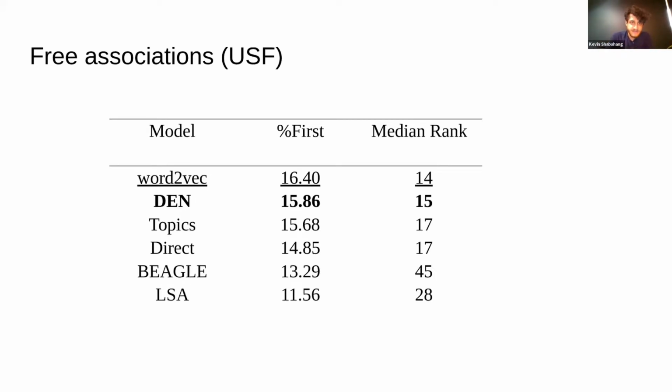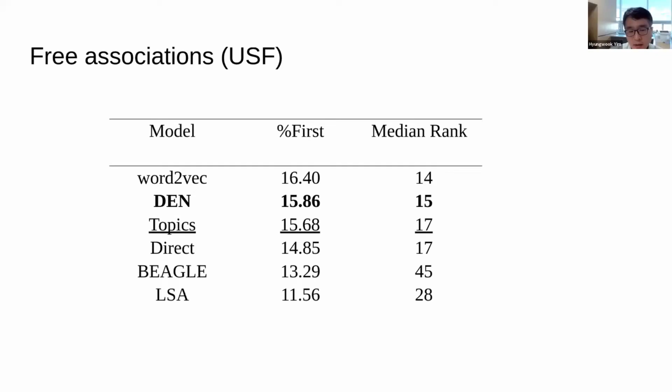The left column shows the different models that we've compared. The dynamic eigennet, in boldface, is just trailing a bit behind Word2vec, which has about one additional percentage of first associates and one lower median rank. Note that the lower the rank, the better.